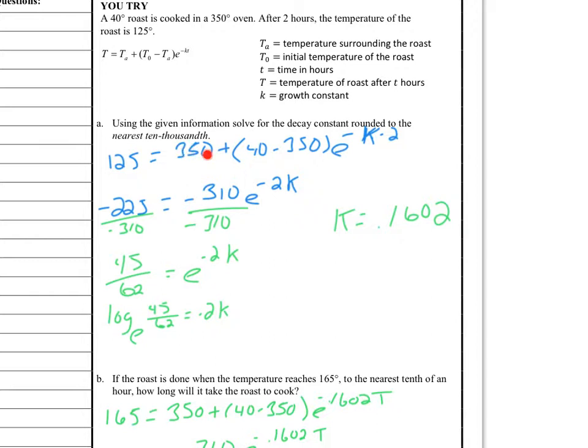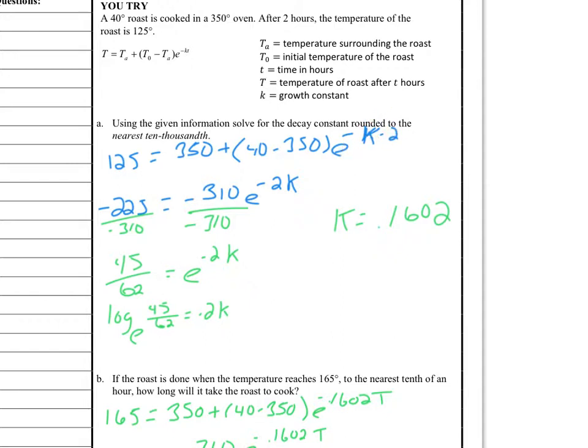Our value for T sub a, the temperature surrounding the roast, which is the temperature of the oven, even though they don't really say that. The oven is at 350. And we have to plug in the 40, the starting temperature of the roast, minus the 350, the T sub a, which is the surrounding temperature, e to the negative 2k is what that becomes.